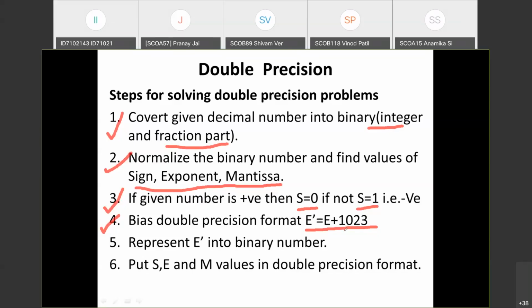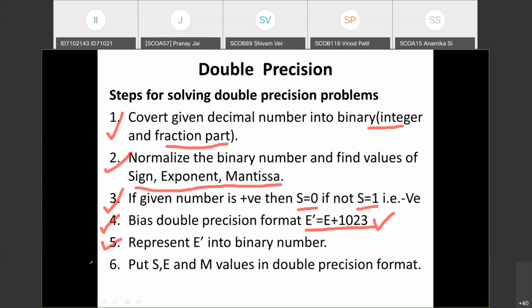But here in double precision, for the exponent value we take the excess code of 1023. That's why this equation comes for double precision. After finding the value of E dash in decimal, we need to convert it into binary. That we do in the fifth step.